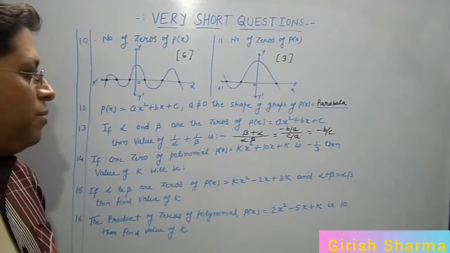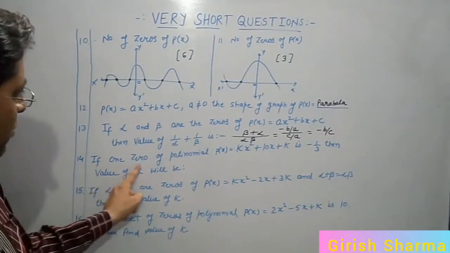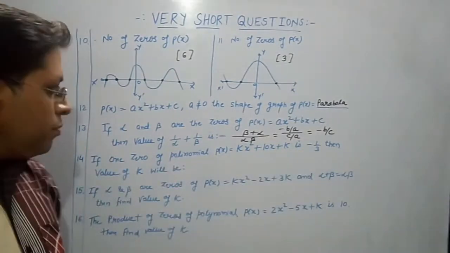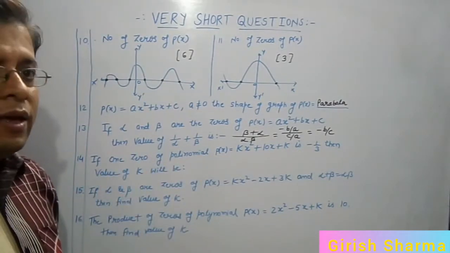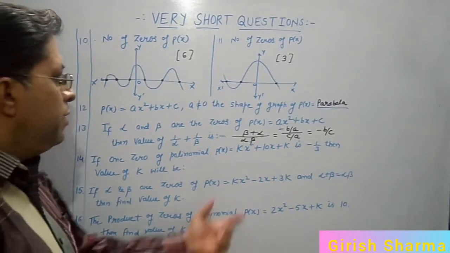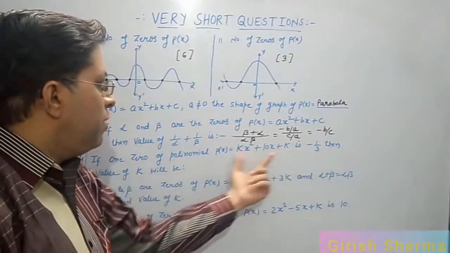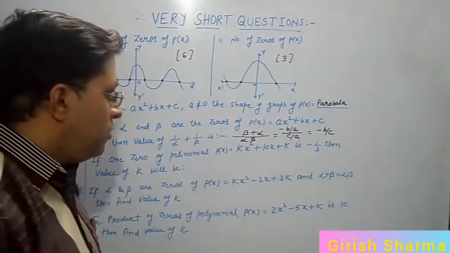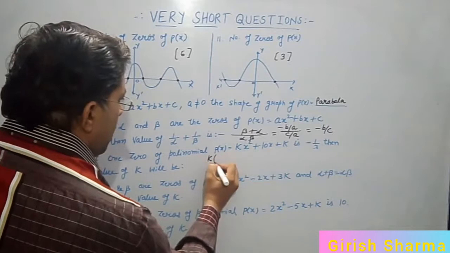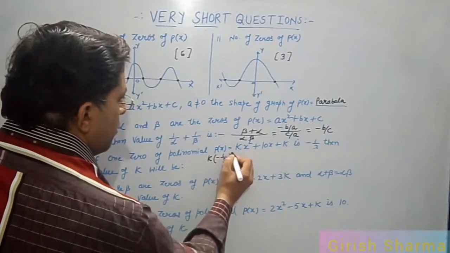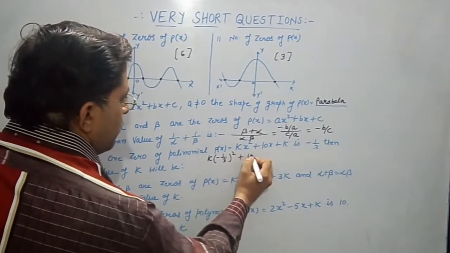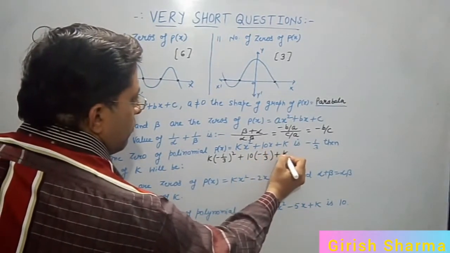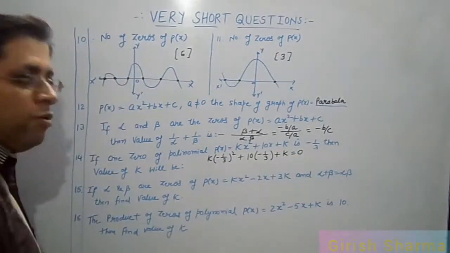This is your answer. Okay. The same question, one more question. See here. If one zero of polynomial p(x) is given to you, then what is the value of k? It means you have to put minus 1 by 3 in place of x, then you will get the answer. k(minus 1 by 3) square plus 10(minus 1 by 3) plus k is equal to 0.